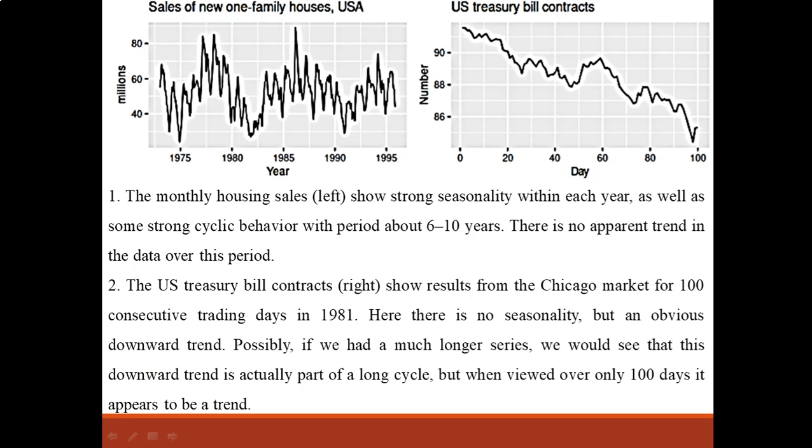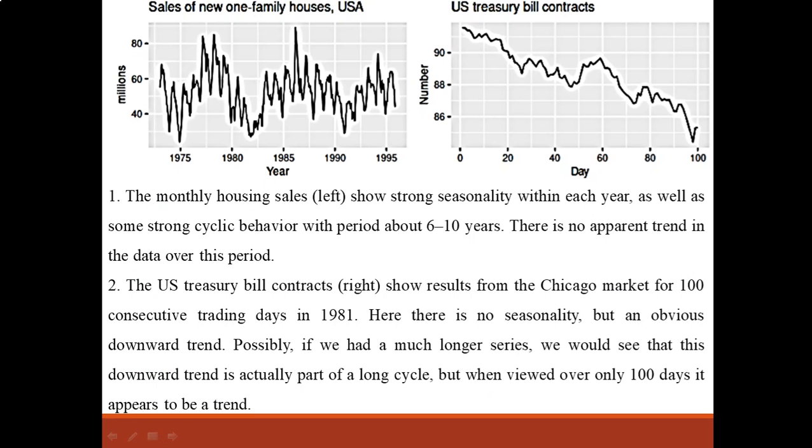The monthly housing sales show strong seasonality within each year, as well as some strong cyclical behavior with a period of 6 to 10 years. It is more than 1 year. There is no apparent trend in the data over this period. We don't know the trend, whether it is increasing or decreasing.